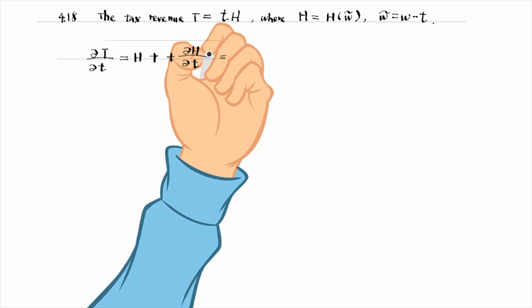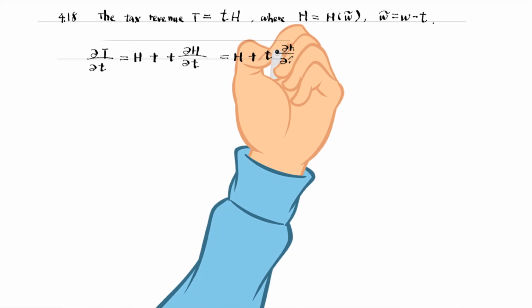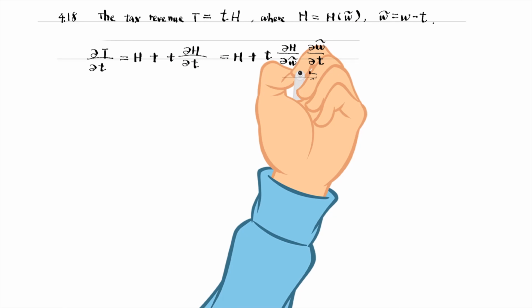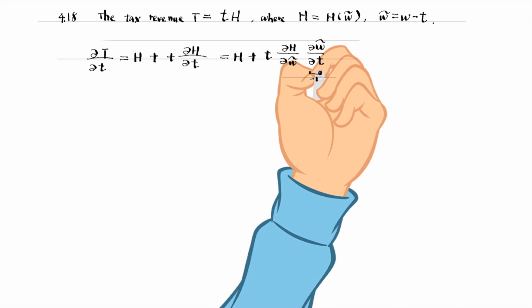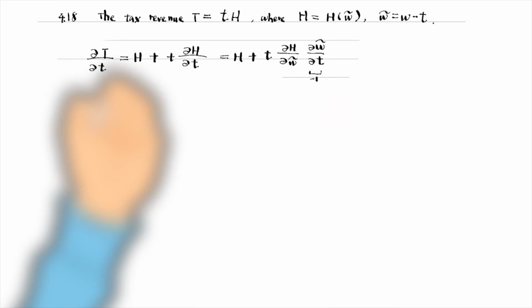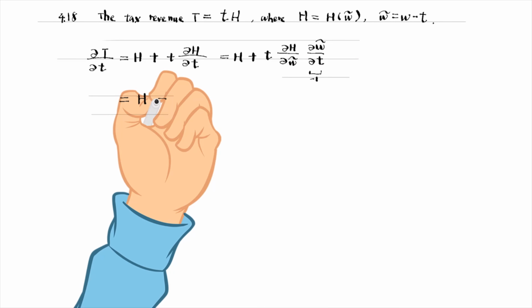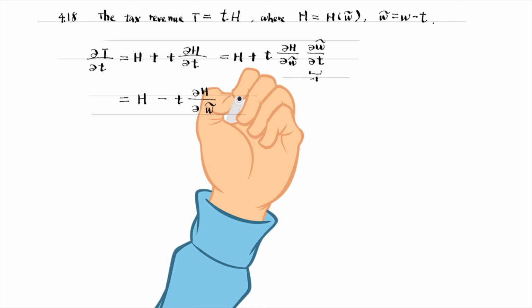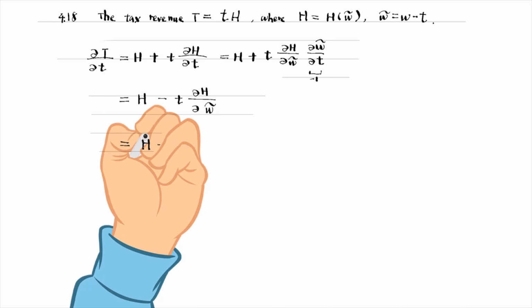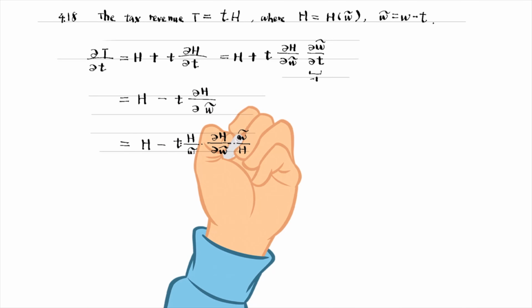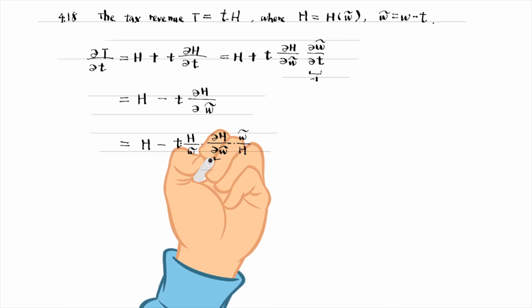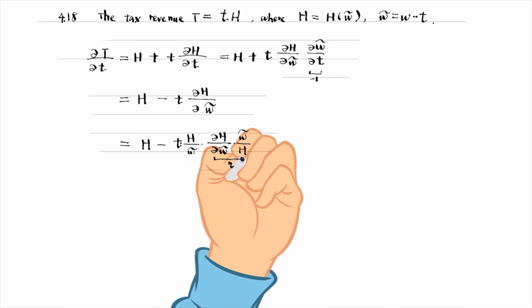Partial tax revenue over partial specific tax rate can be written as two terms using the chain rule. We can arrange terms to form the elasticity of the supply of labor.